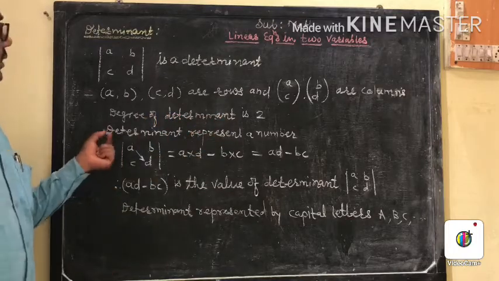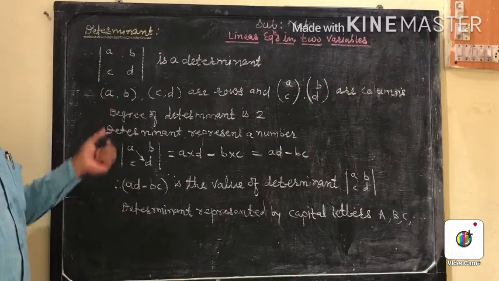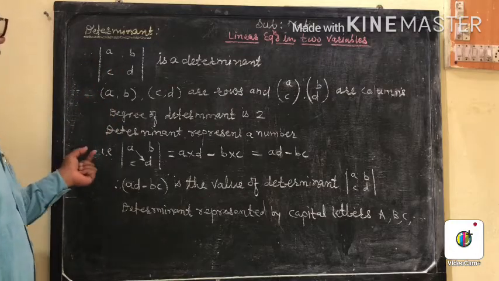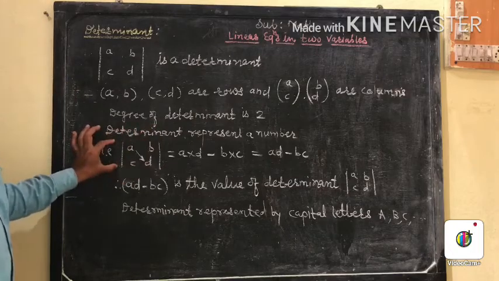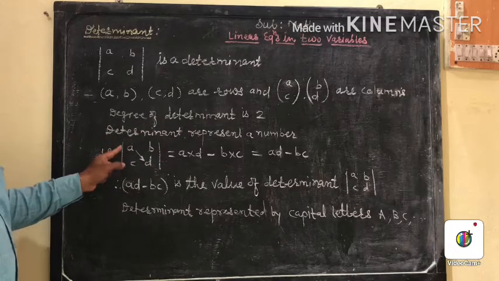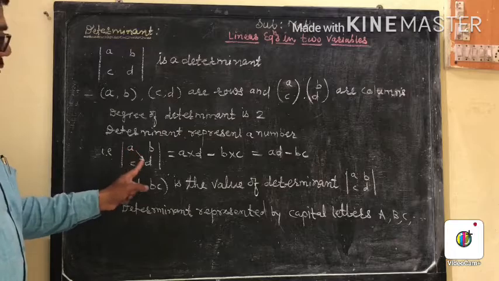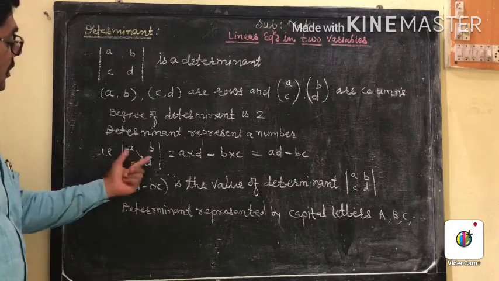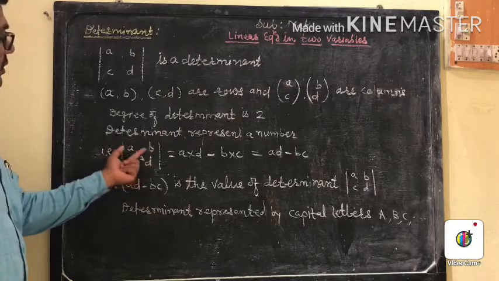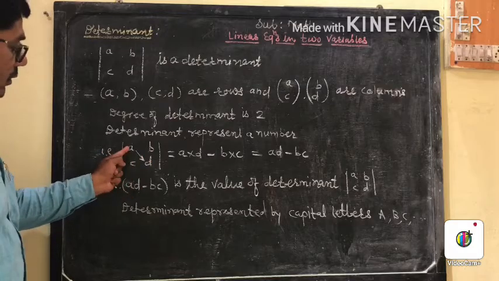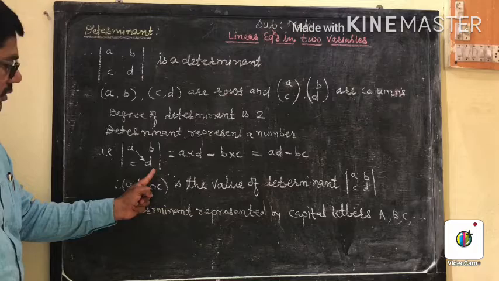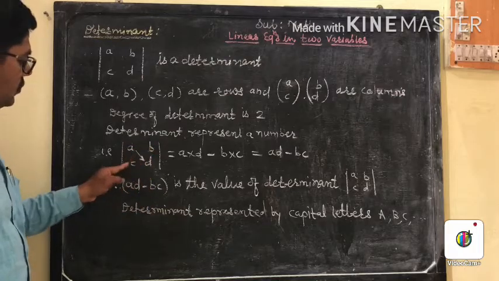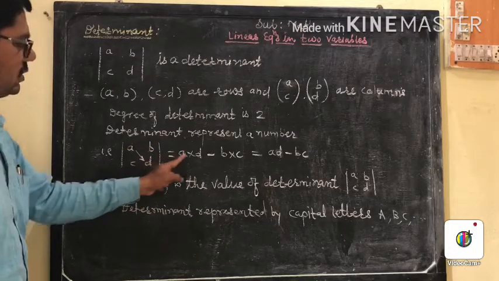Now, how do we represent the value of the determinant? We multiply a by d and b by c.